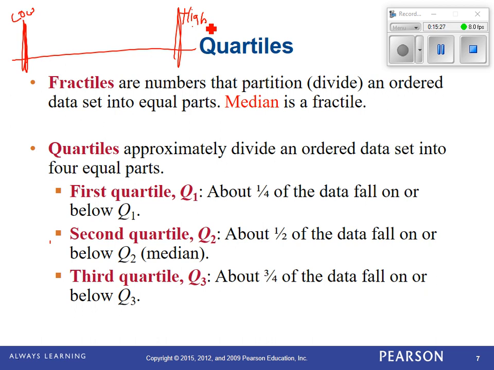If this was a board and I had to cut it so that 4 of us could share it, how many times would I have to cut it? 3. So how many quartiles are there going to be? 3. So I'm going to cut it something like that. This is quartile 1, quartile 2, quartile 3.